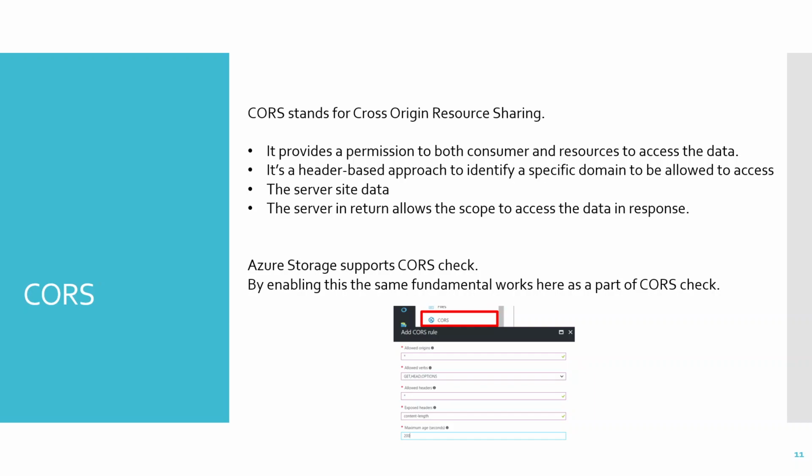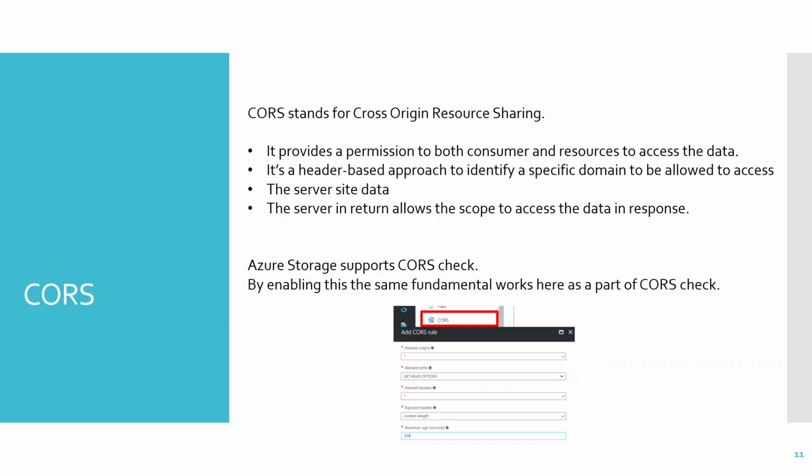So it's more about granting someone access to the server side resources, and the server in return allows the scope to access the data in response. Basically, the consumer, with the domain name in the header, talks to the server side, and the server side in response will allow what all things the consumer can do on top of a server side resource.